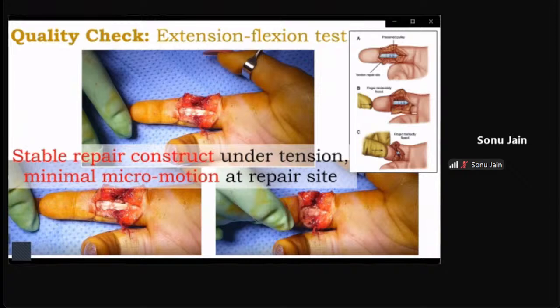The repair construct is very stable. In digital flexion, no gap, and no impingement of the repair site against the sheath or pulley. If there is any impingement, you release the pulley further to make the repair glide more smoothly.